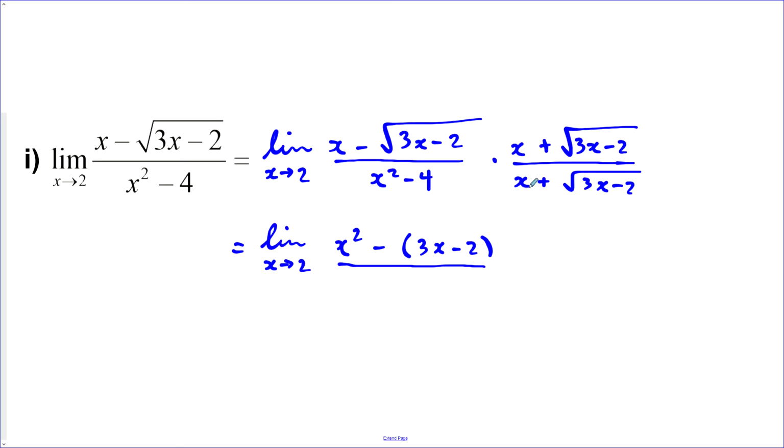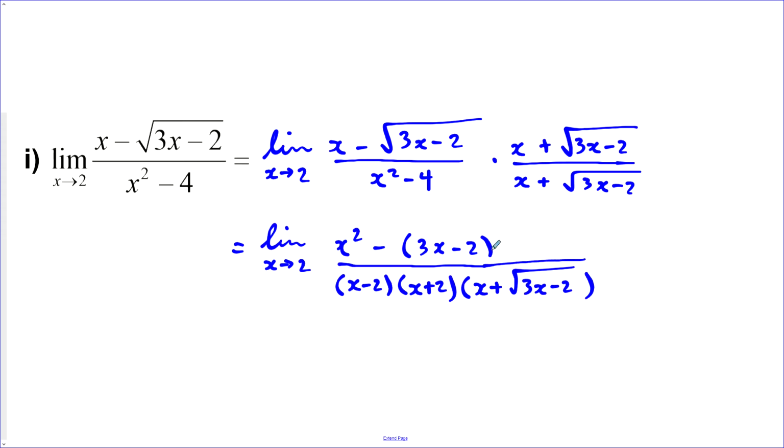We'll just leave them separate for now, but I will factor the denominator here, because I always want to keep the denominator factored to see if I can cancel stuff out. So this one factored will be x minus 2, x plus 2, and then this big mess here, x plus root 3x minus 2.